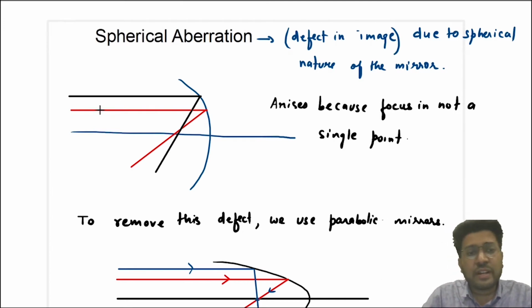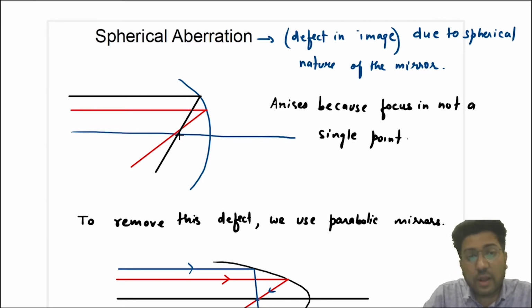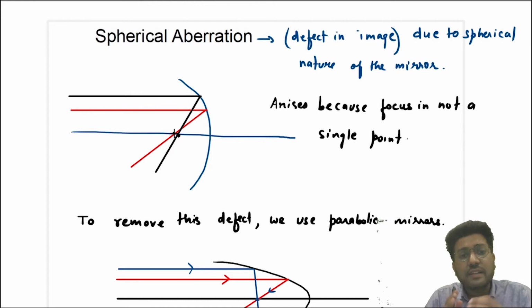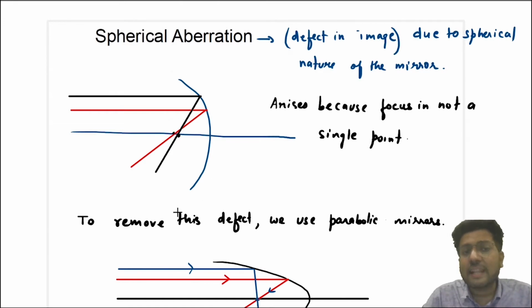So for different rays, even if they are paraxial, the focus will be slightly different. If the focus is not a single point, then the image formed is blurred, and this blurriness is called aberration. It arises because of the spherical nature of the mirror, so it is called spherical aberration. Now to remove spherical aberration, you can use parabolic mirrors.